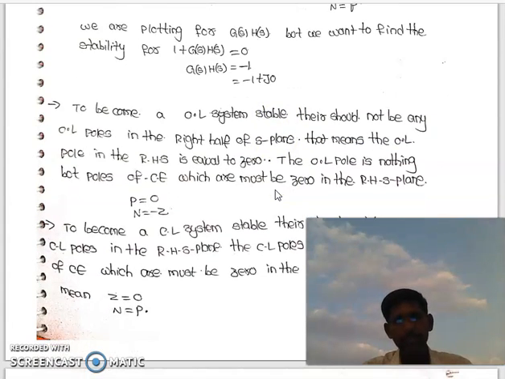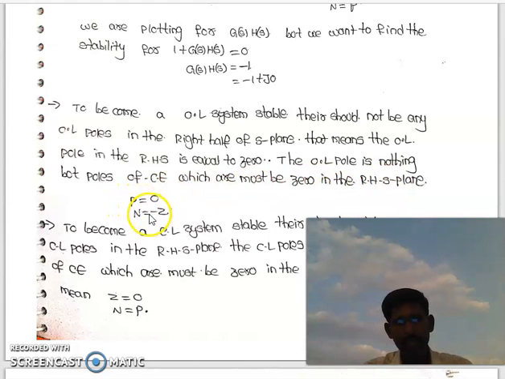For the open loop system to be stable, there should not be any open loop poles in the right half of the S-plane. That means open loop poles in the right half of the S-plane equal 0. The open loop poles are nothing but poles of characteristic equation, which must be 0 in the right half of the S-plane.